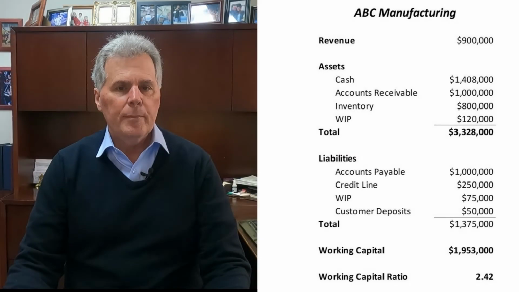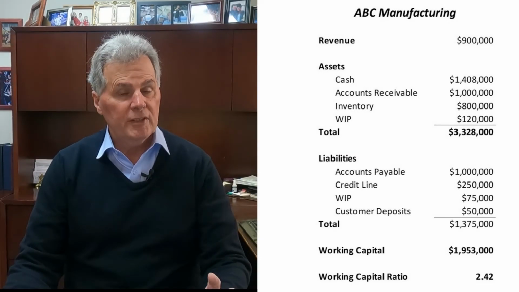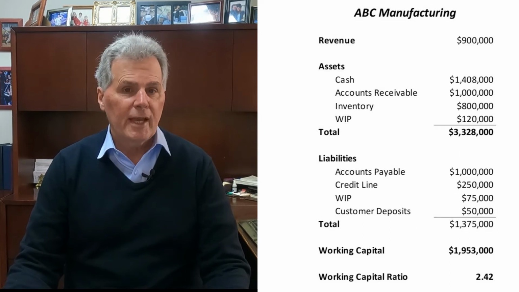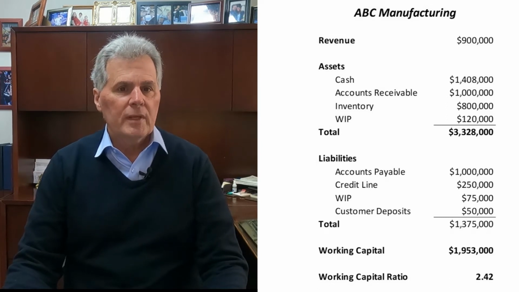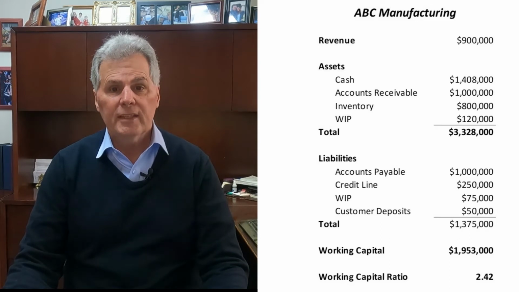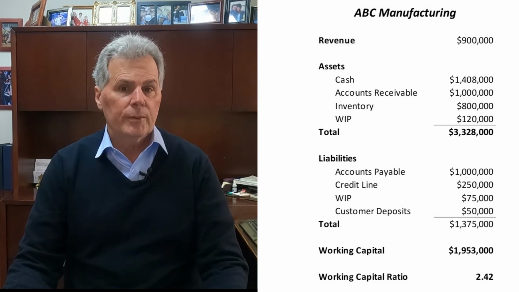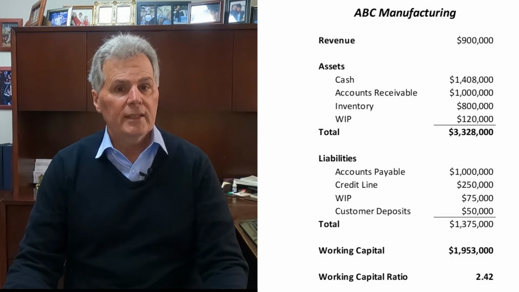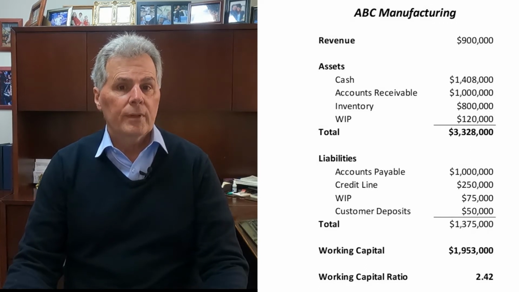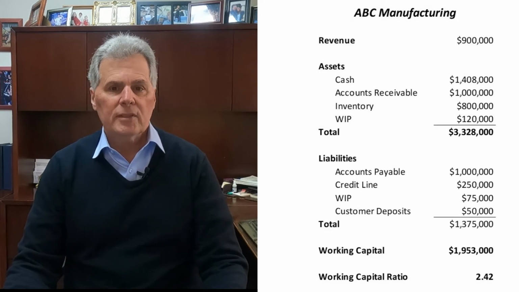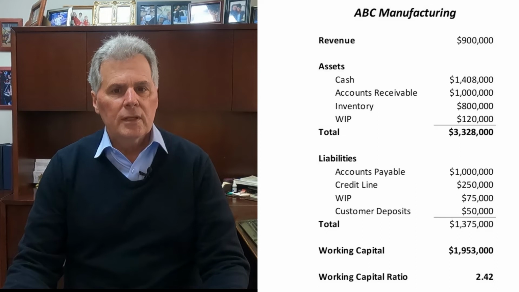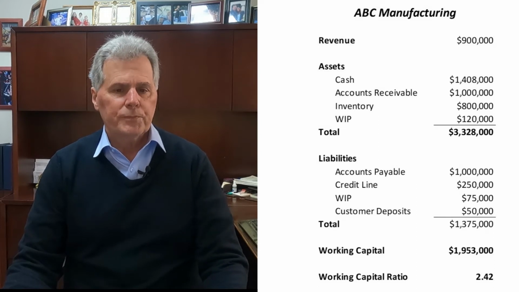Let's take a look at a balance sheet as an example to calculate working capital. Now, on this slide, we have revenue of about $900,000 a month. The assets are cash of $1,408,000, accounts receivable $1 million, inventory $800,000, WIP $120,000, for total current assets of $3,328,000.